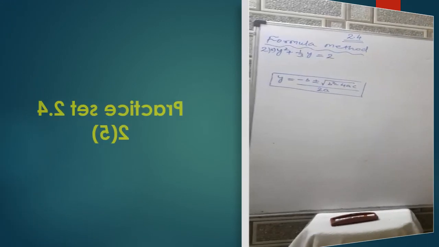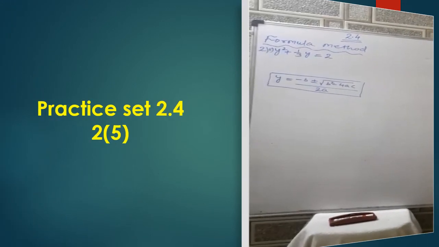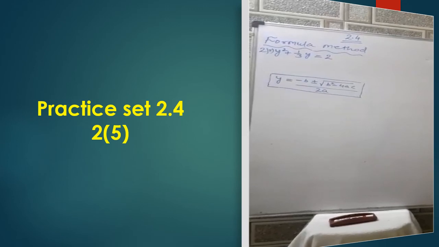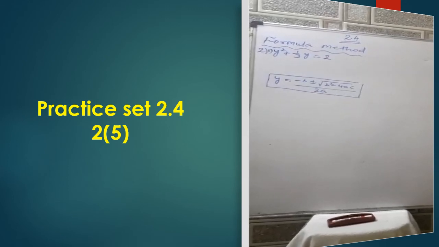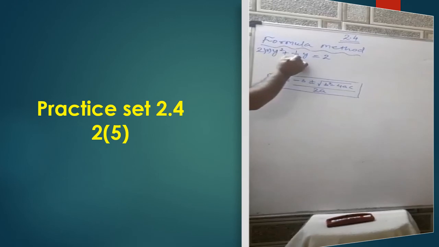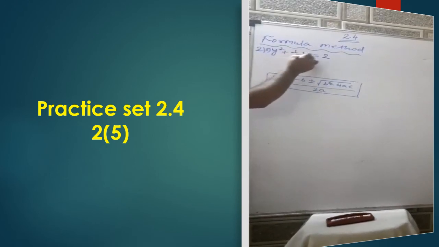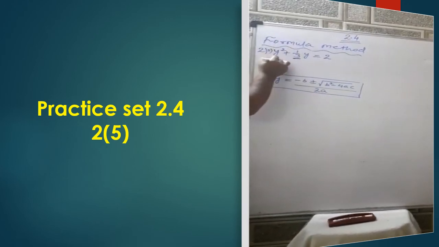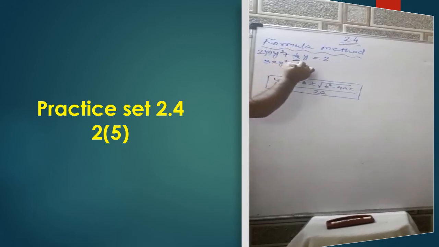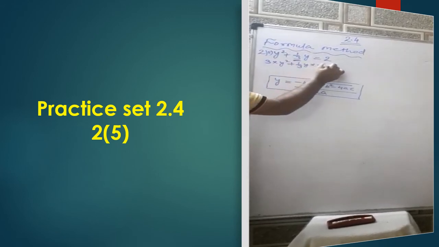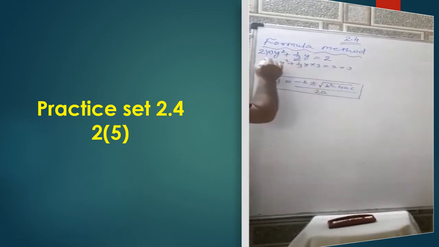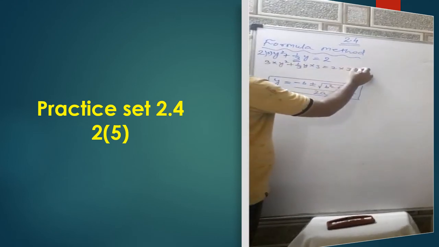So second, fifth one, y square plus 1 upon 3y equals to 2. So first we multiply by 3, this 1 upon 3. So 3 multiply both the sides. 3 multiply with y square, 1 upon 3y multiply with 3 and 2 multiply with 3. So what do you get then?